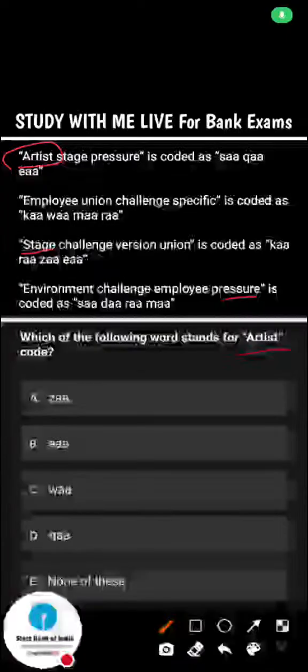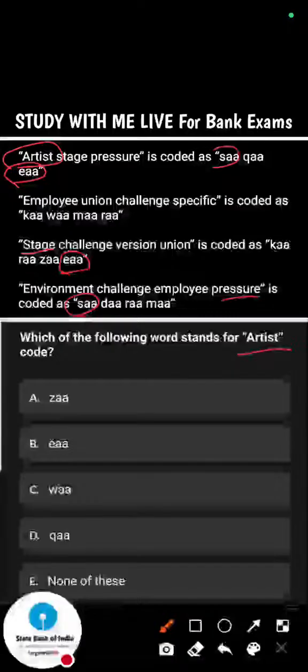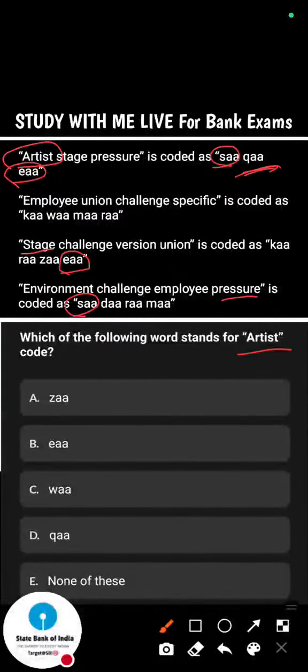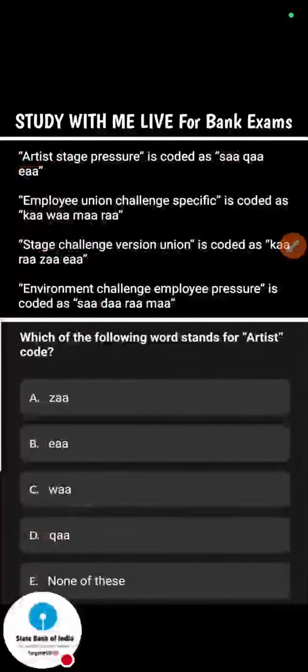So the code for stage must be EA, and the code for pressure is SAA. So we are left with QAA, which is the artist. So the answer will be QAA, option D. Okay, option D.